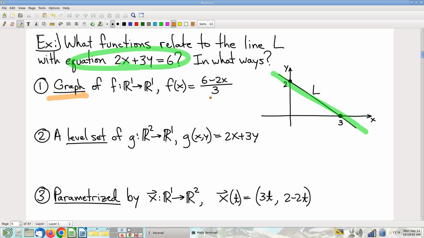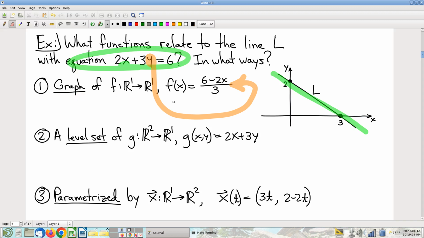You basically just reverse engineer this process. You say, well, I'm going to need to set something equal to y, so I'd better solve for y in the equation that I want, and then setting that thing equal to y is really going to give me exactly what I had before. So the way you find the function whose graph is that line is just by solving for y.